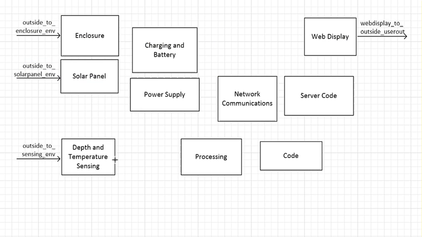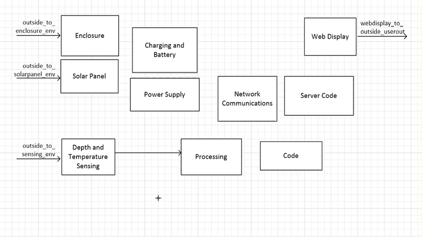So for example, if I add an interface between the depth sensing and the processing block, there are going to be some properties we're going to talk about in interface definitions of this signal. And these properties are going to change as the system evolves. You're going to realize, oh, I have to have 3.3 volts, or oh, I have to have 5 volts, or something different, whatever it might be.